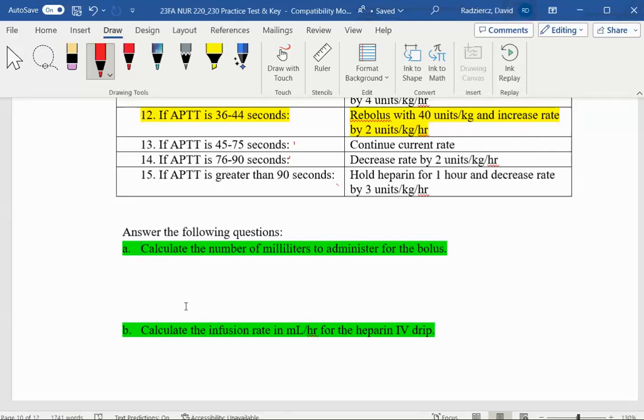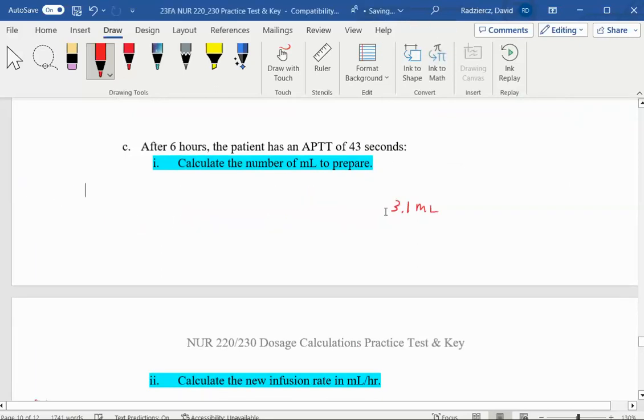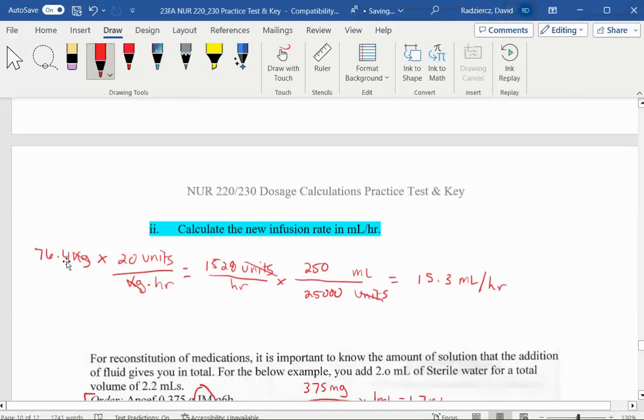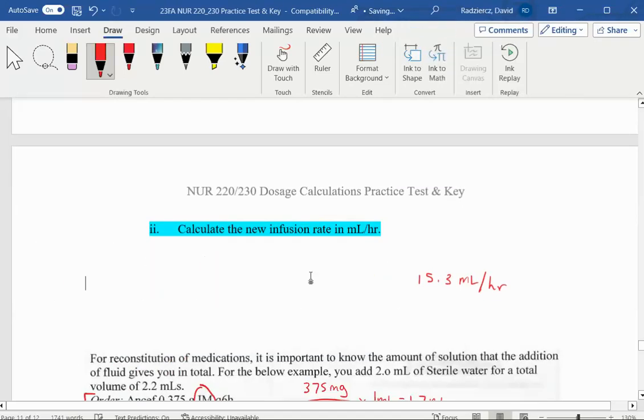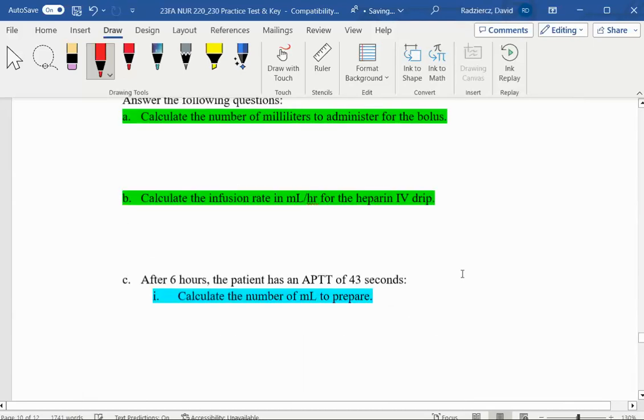If you miss one or both of the parts, you've only missed one question, so don't fret. It's not two questions that you miss. So you'll either get the initial bolus and the initial infusion rate, or you'll get a scenario after they've been on the infusion, where we recalculate and recalibrate based off of what the APTT is.